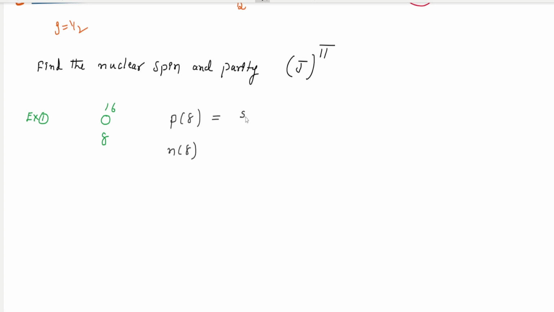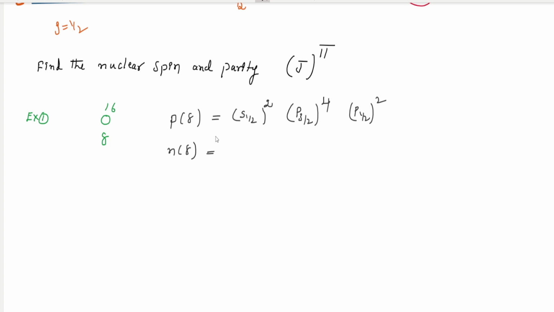First one, S1/2, which holds two paired nucleons. The next one, P3/2, holds 4. Next one, P1/2, and this gives the total number of 8.